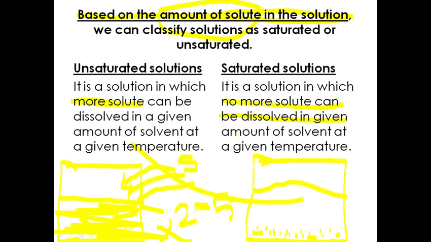So this is the unsaturated one. If its capacity is 2 to 5 tablespoons of sugar that you add to the water and it is still getting dissolved, that is the unsaturated solution, which still has capacity, so more solute can be dissolved.